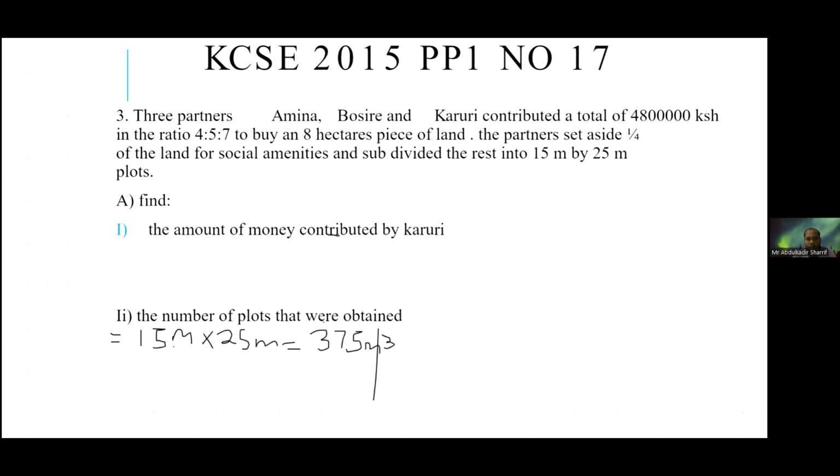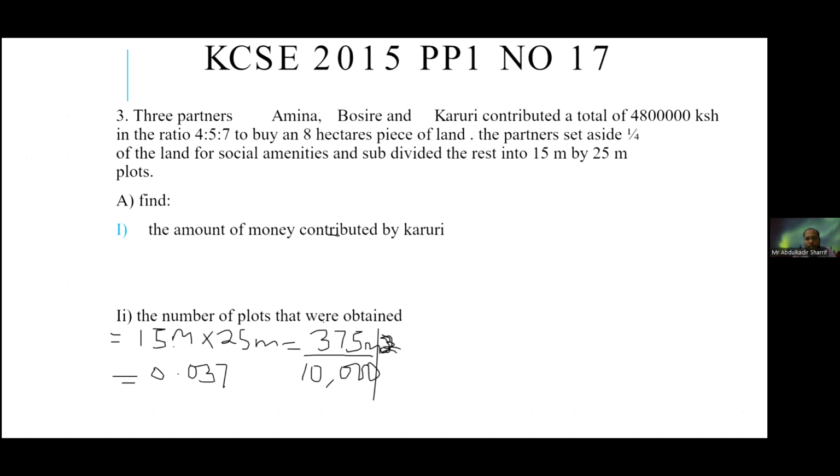So let's change the square meter into hectares. And 1 hectare is equivalent to 10,000 square meters. So if we divide by 10,000, we get 0.0375 hectares.